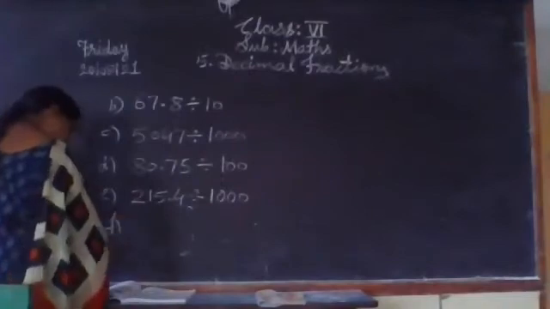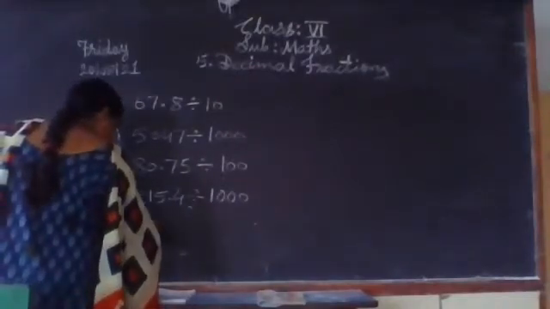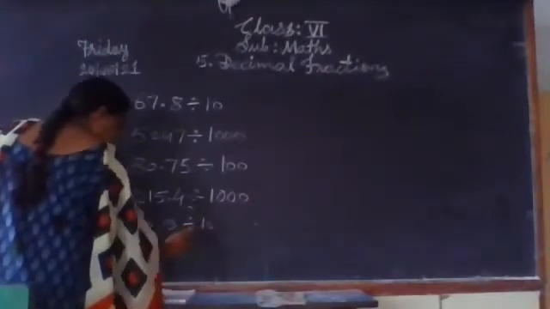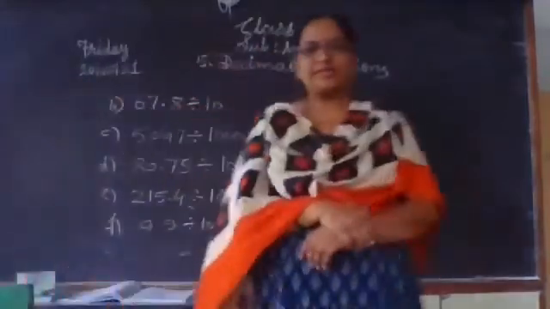And question number F is 0.9 divided by 10. Now see that. How will you quickly find out the answer?